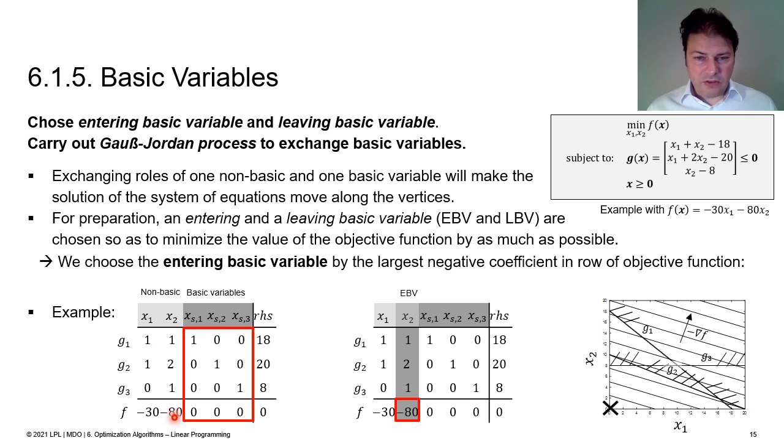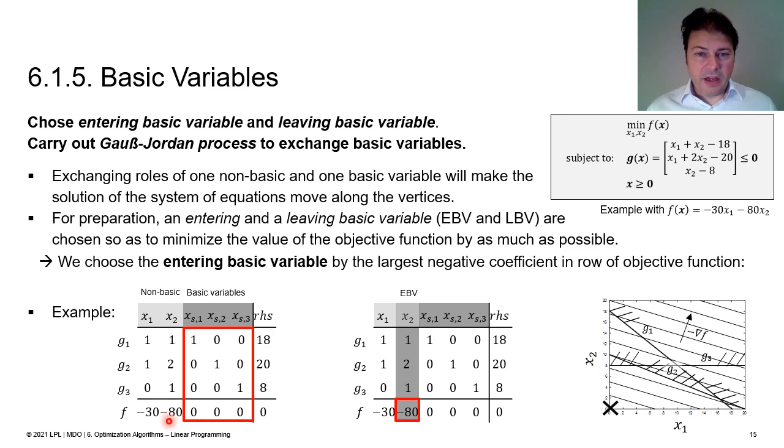But going down x2 is even better because apparently it is much steeper going down x2. So what we would like is to explore the next vertex going down x2. How do we get there?